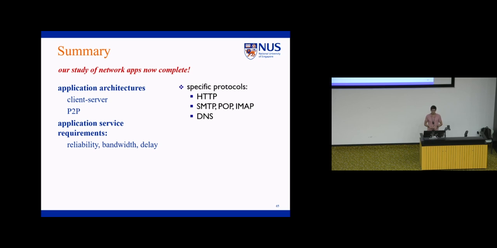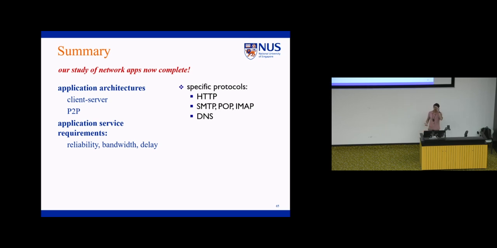Using TCP can provide some of those guarantees, but you can also build these services in the application layer so that your applications can run reliably, securely, with low delay, and so on. Of course, as long as the underlying network can support that.